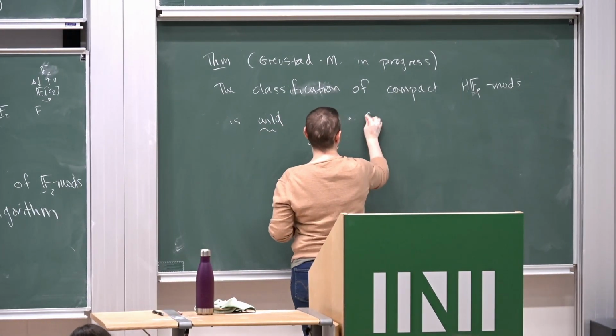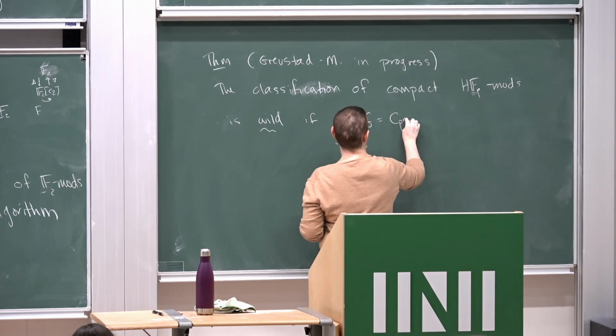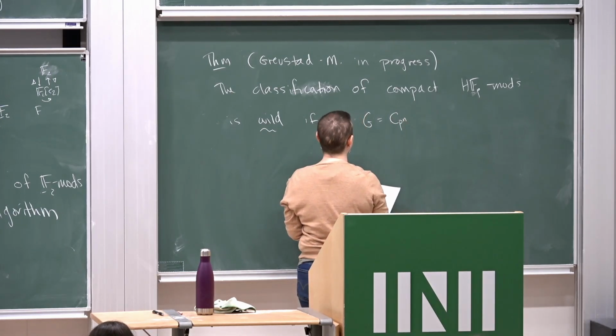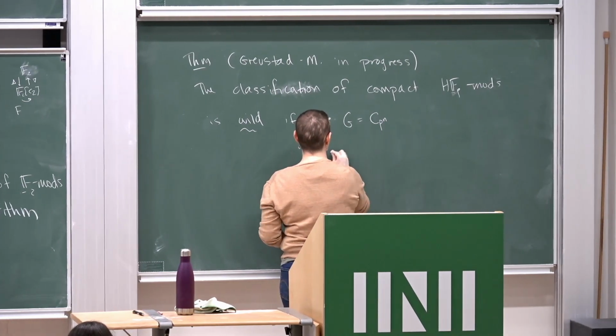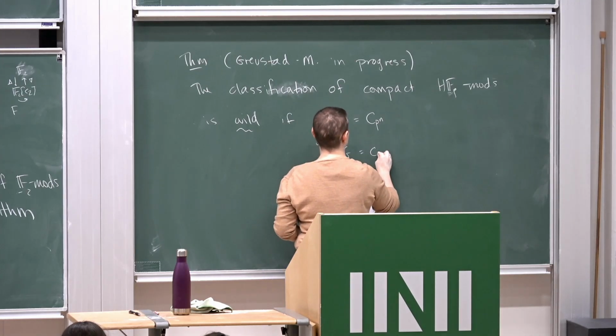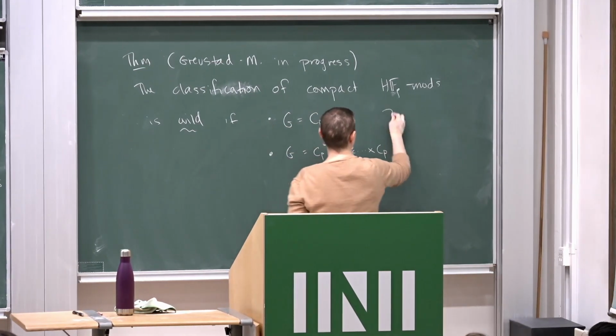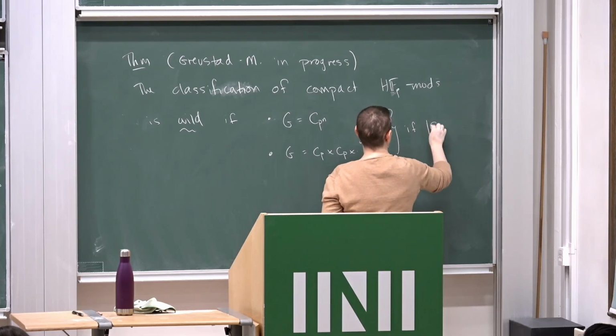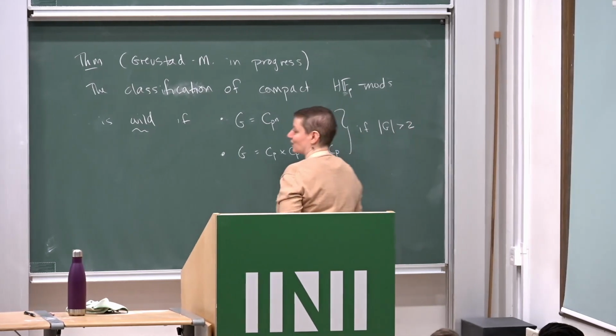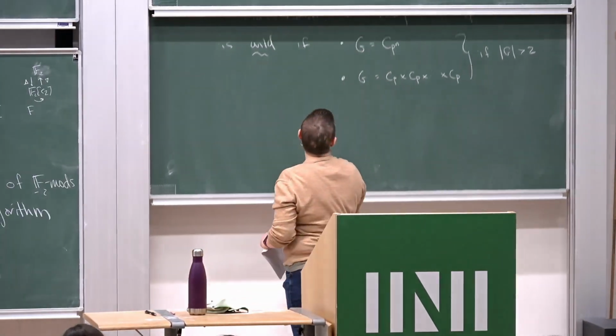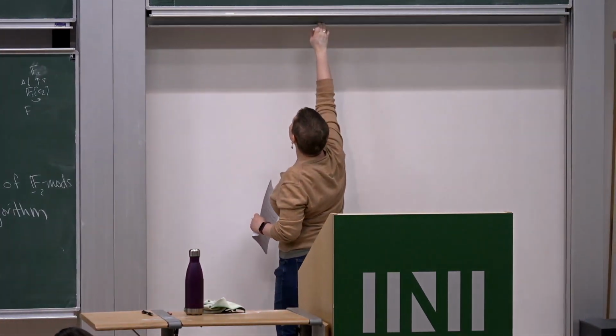So maybe some cases we'd care about in this equivariant world are CP^n, or maybe CP cross CP some number of times. And in fact, as long as the order of G is greater than 2, then you're going to get something wild.